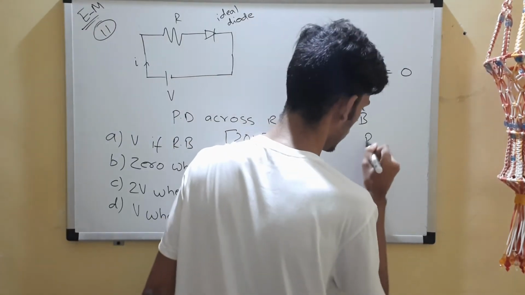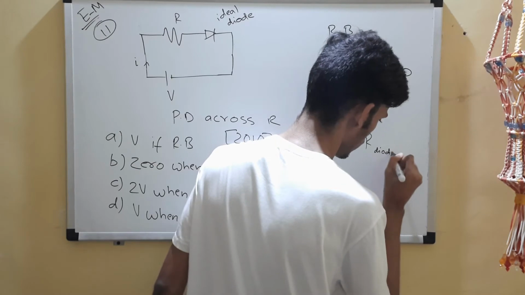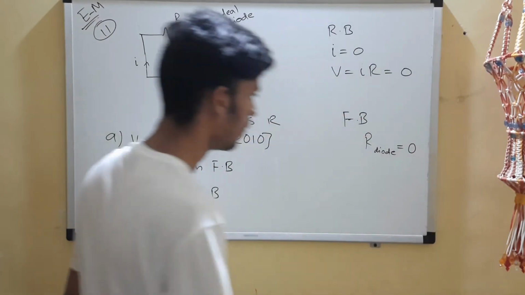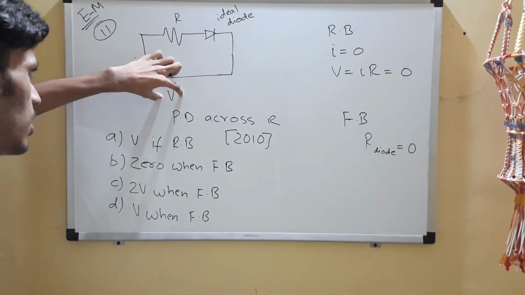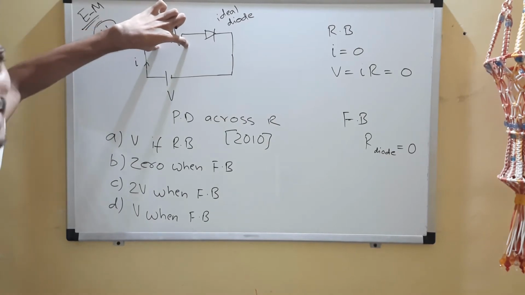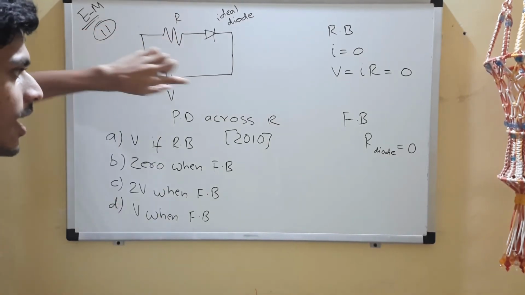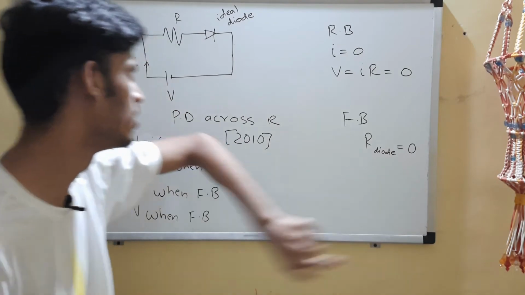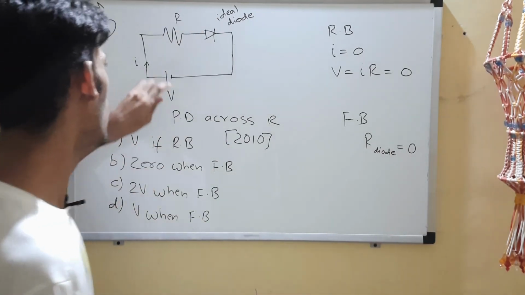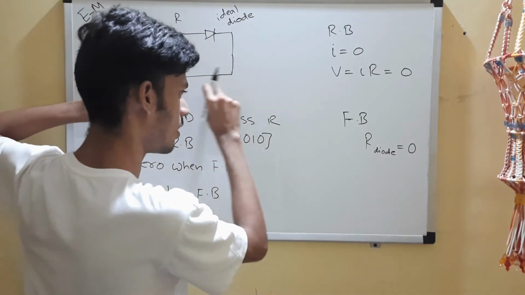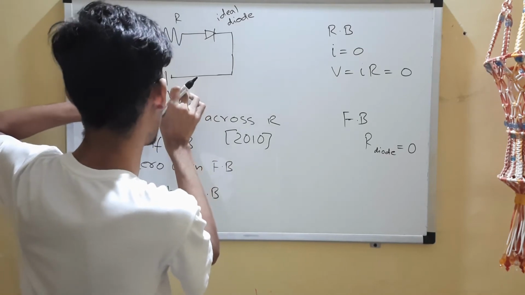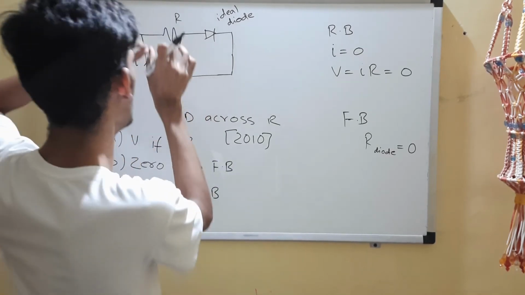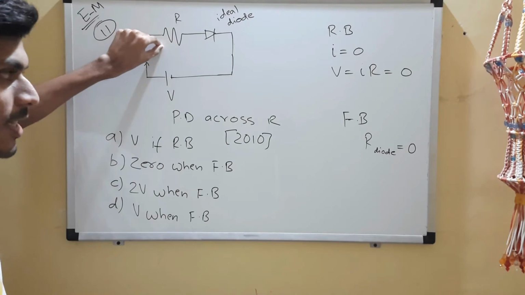So the resistance of the diode is 0. So all this potential should drop across this resistance. The idea is that since the resistance of the diode is 0, since it's an ideal diode, all of this potential difference which is there should drop across the resistance R.